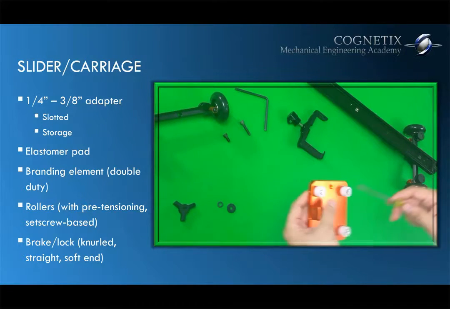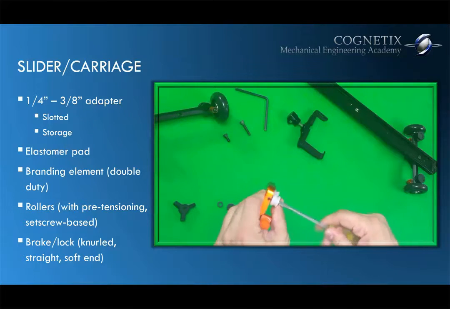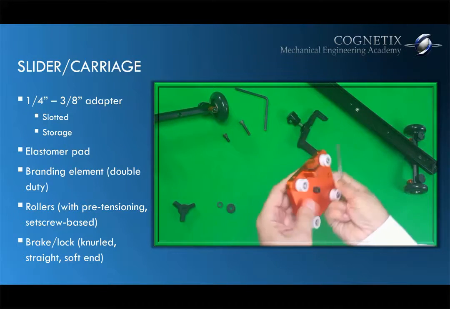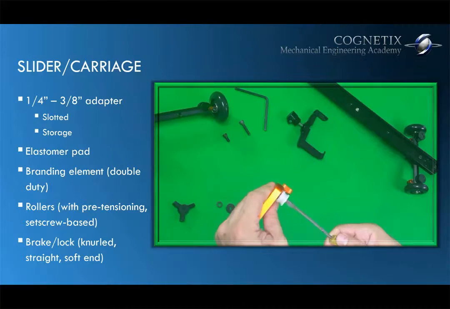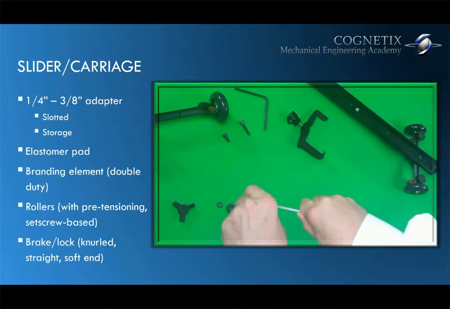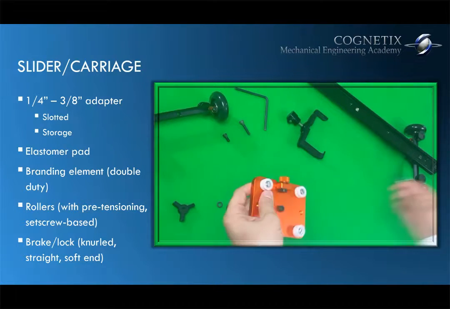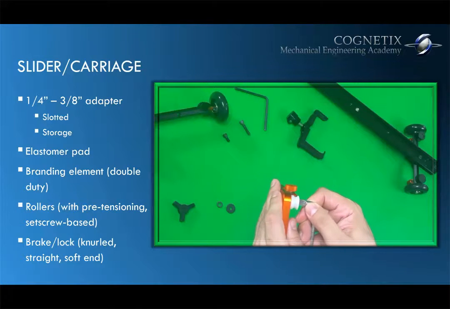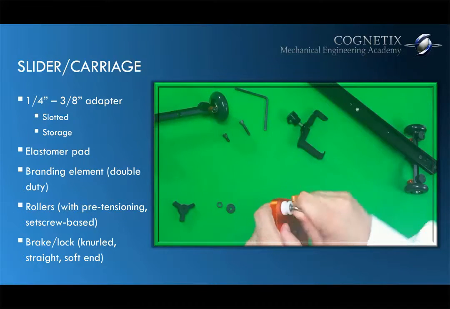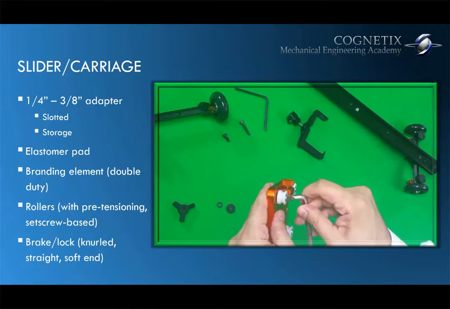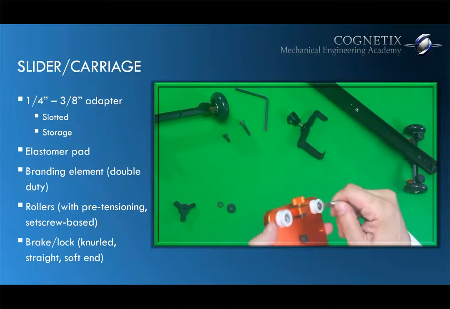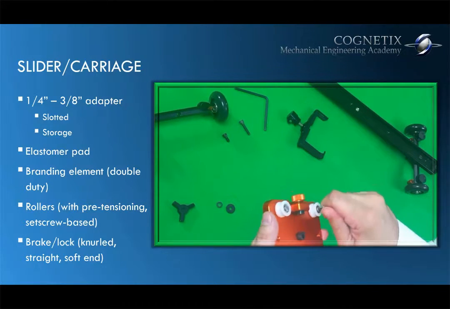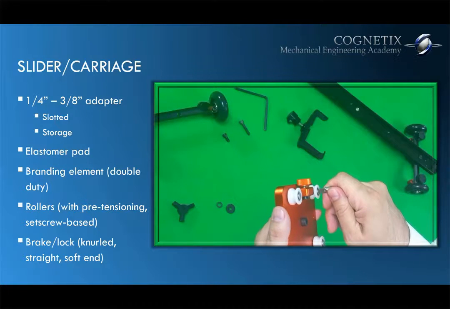If I have the right tools here, I should be able to disassemble this. One of these actually was already loose before. Let's see. This kind of tool provides a lot more torque for disassembly purposes.